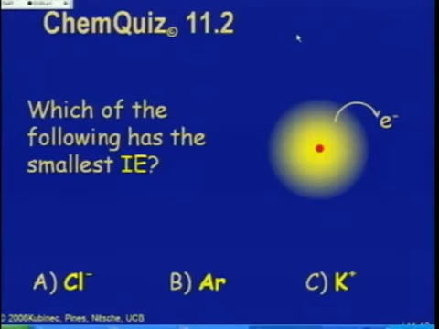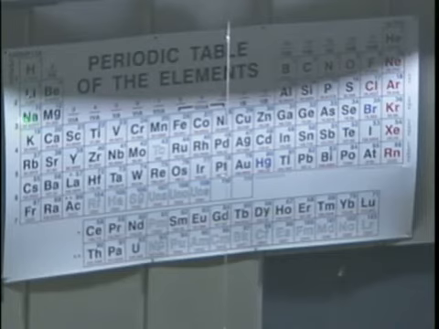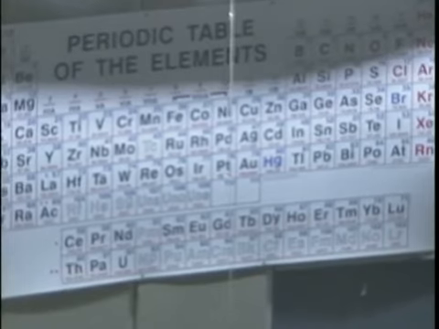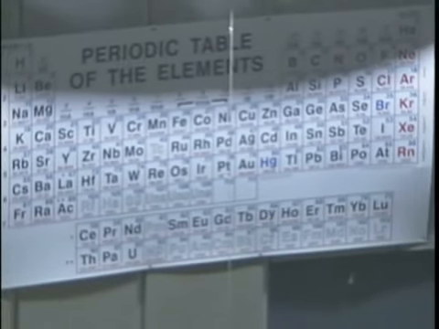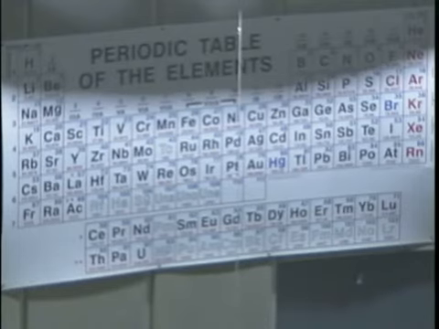Now, what's the configuration of argon, just the atom? 3s2, 3p6. What's the configuration if I have potassium plus, so I'm missing an electron? 3s2, 3p6. They are isoelectronic. They have the same electronic configuration. But what don't they have the same? They have different nuclear charge. So now talk about it and give me the right answer, please.